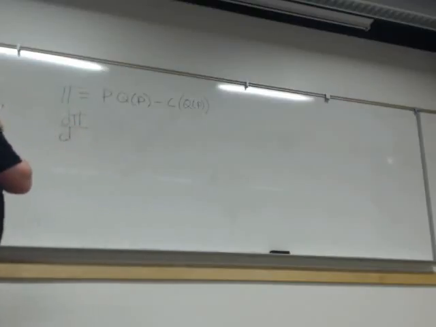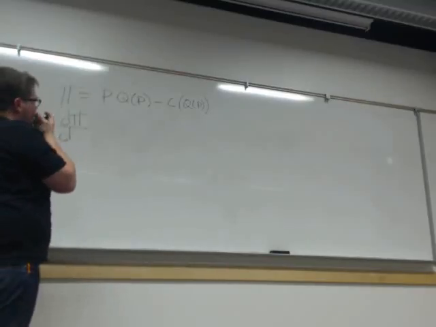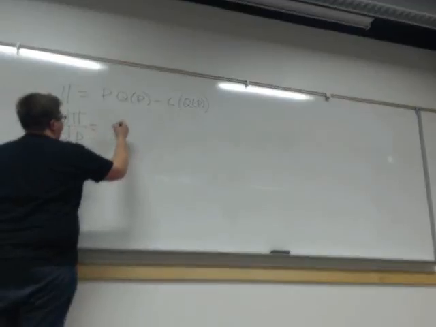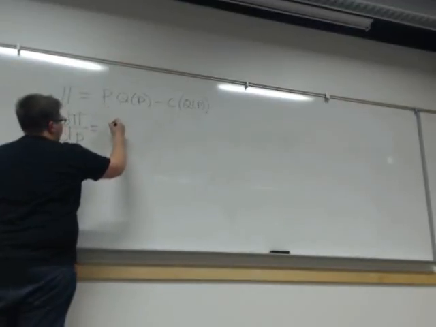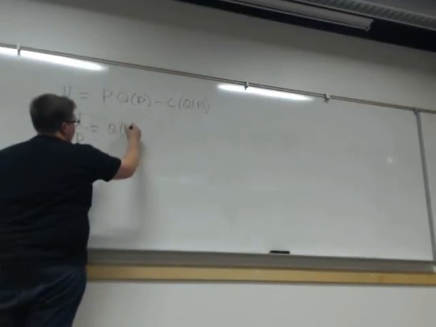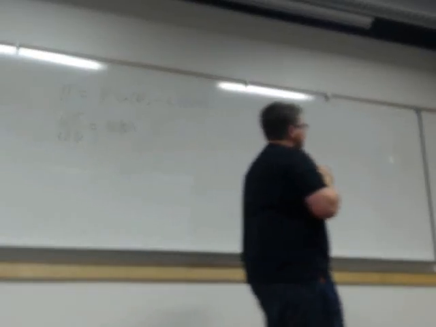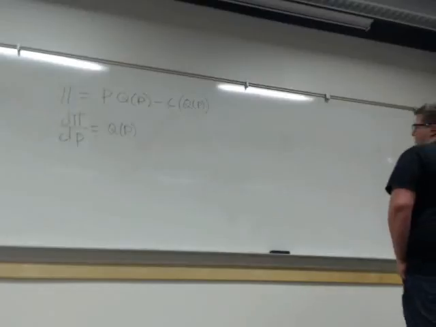Derive with respect to P. I feel like P, because then that gives you the derivative of Q with respect to P as well. Yeah, it should be. So we'll get Q of P. No, that won't be right. Is it with respect to Q? Yeah, it should be with respect to Q.